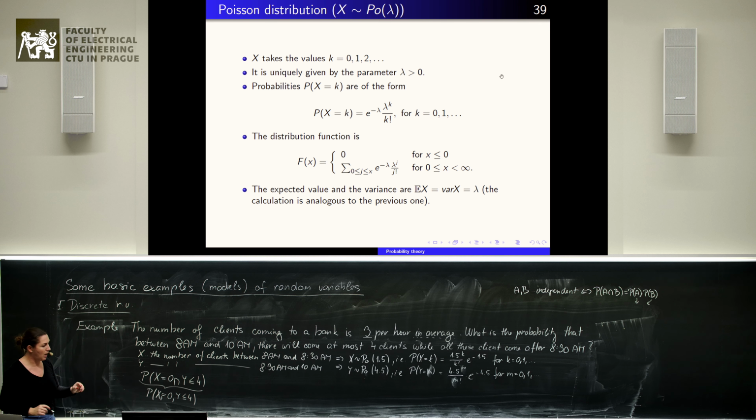And so in the sequel, I will write a comma instead of the sign for intersection, but I will mean the same. And these events are completely independent. So the probability of their intersection is the product of the probabilities of these events.